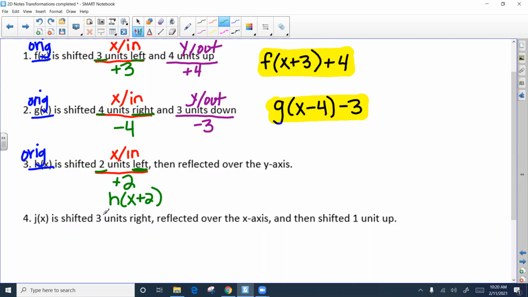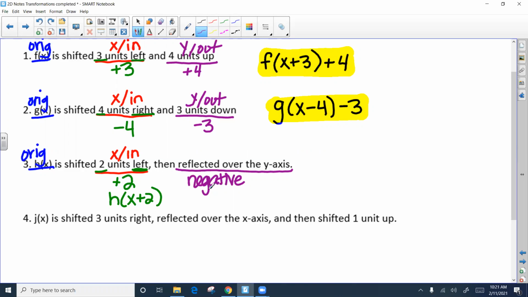But that's not the only transformation. There's also a reflection over the y-axis. So on a reflection, I know there's going to be a negative, or it's like multiplying by a negative 1.